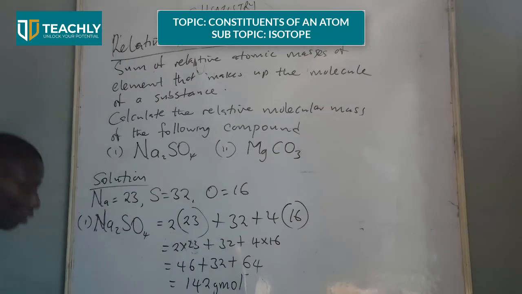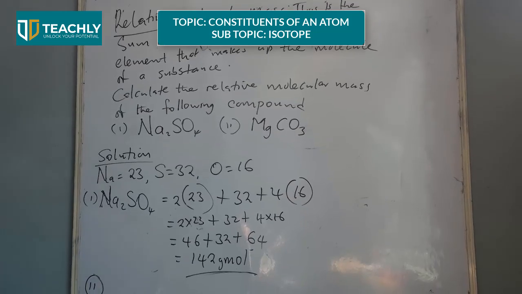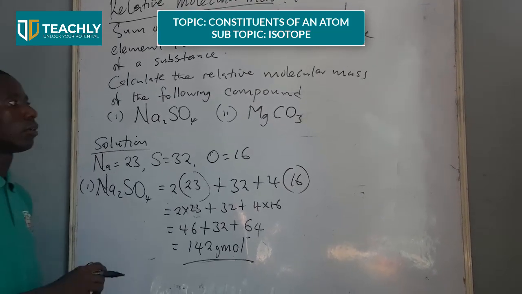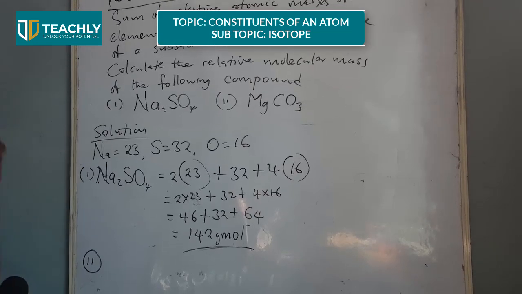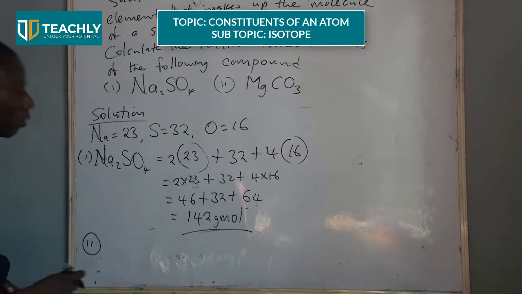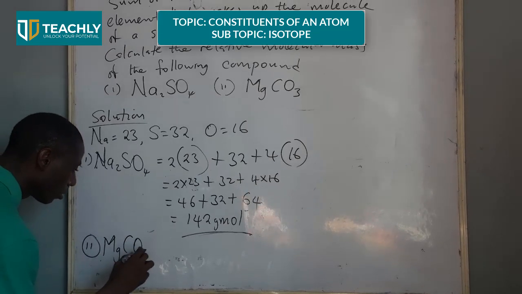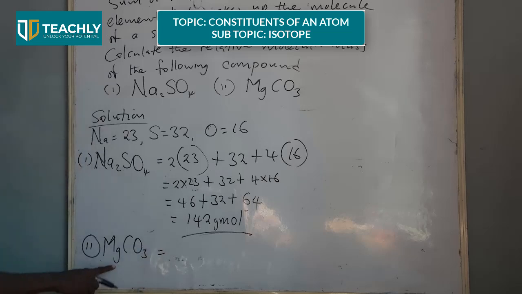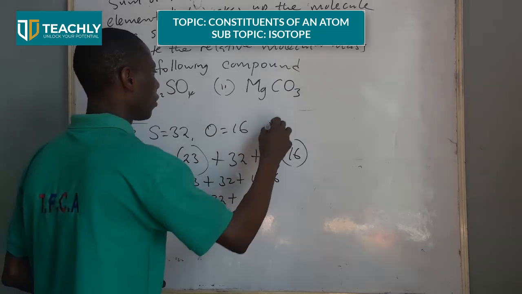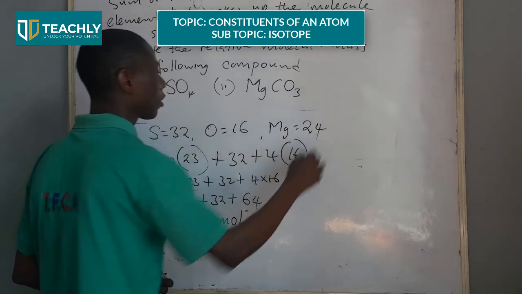Let's calculate the relative molecular mass of magnesium carbonate, MgCO3. Here we have just one magnesium. What's the atomic mass of magnesium? Magnesium is 24.